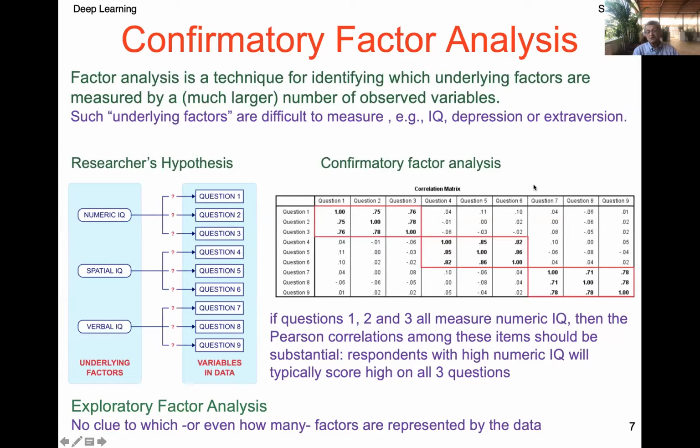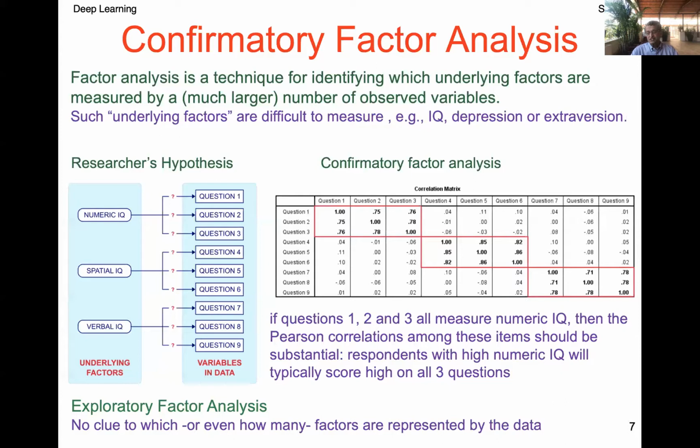So this is how a social scientist would say that even though there are 9 questions involved, there are only 3 underlying factors corresponding to, I don't know, whatever it is, IQ, depression, extroversion, or in this case, it's numeric, spatial, and verbal.